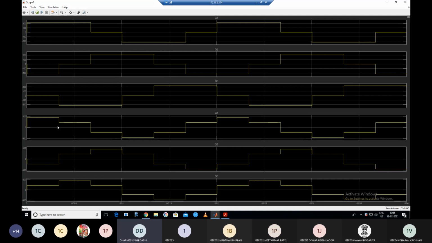Phase AB, VAB. You can see that VAB first, between 0 and 60, is Vs, which means 450 here. And then from 60 to 120, how much?